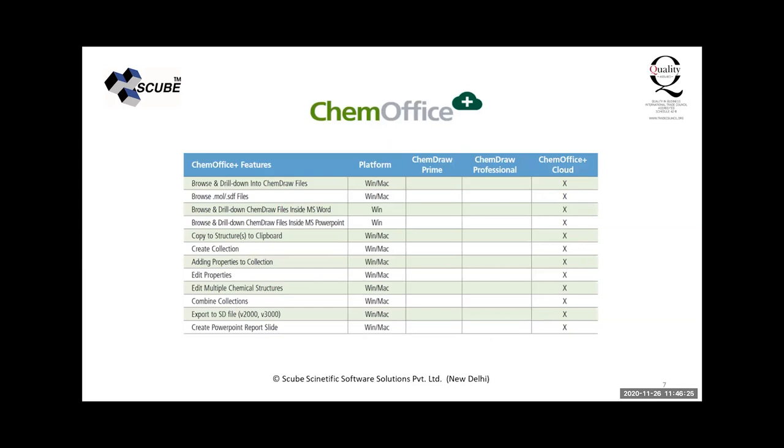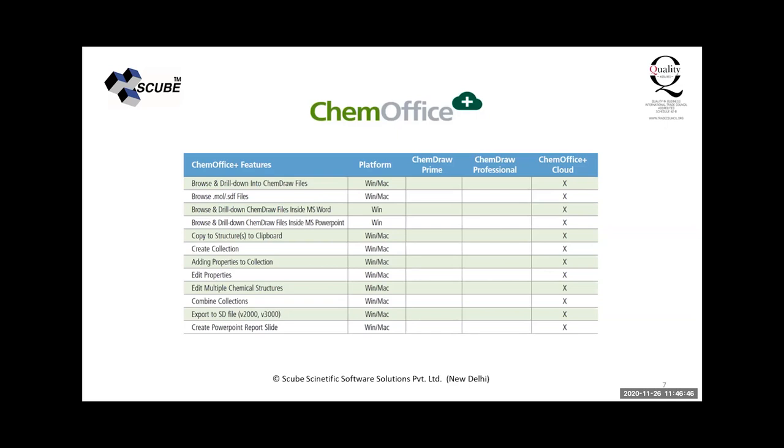Okay, so what ChemOffice Cloud does is it will drill down into a ChemDraw file. You can browse mol files, SDF files, as I have told you, MS Word files, MS PowerPoint files. You can create a collection.